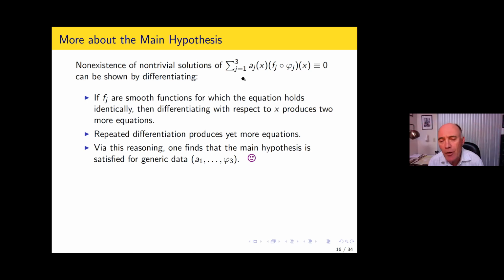So you have a good chance of eventually getting more equations than unknowns, and thus you can hope to show that the fj's must vanish identically in order for this thing to hold. For instance, you can use that reasoning to show that for generic data, in the sense of jets of Taylor expansions up to some large enough order, the main hypothesis really is satisfied generically in a natural sense.